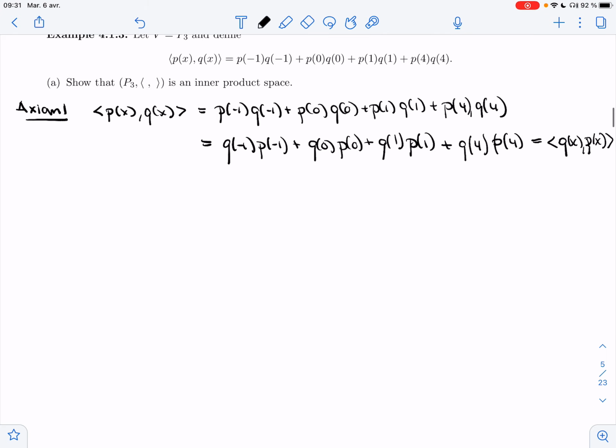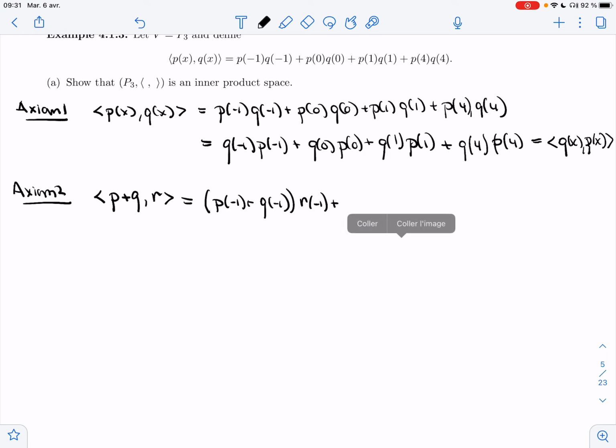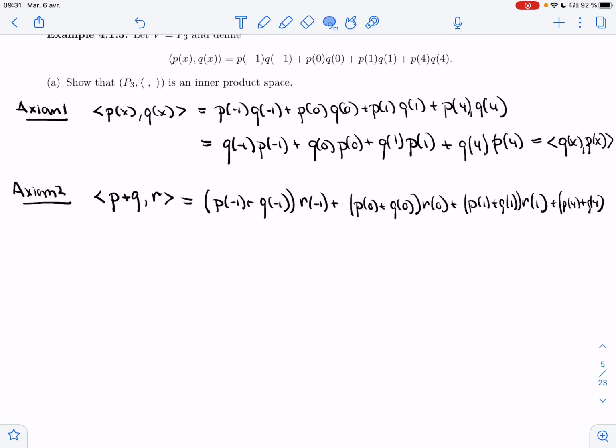All right, axiom 2. I want to look at (P plus Q) R. I want to show that I can distribute the R. So this will be (P(-1) plus Q(-1)) R(-1), plus (P(0) plus Q(0)) R(0), plus (P(1) plus Q(1)) R(1), and one more, (P(4) plus Q(4)) R(4). Sorry, it's a bit squished. Let me shrink it a bit.